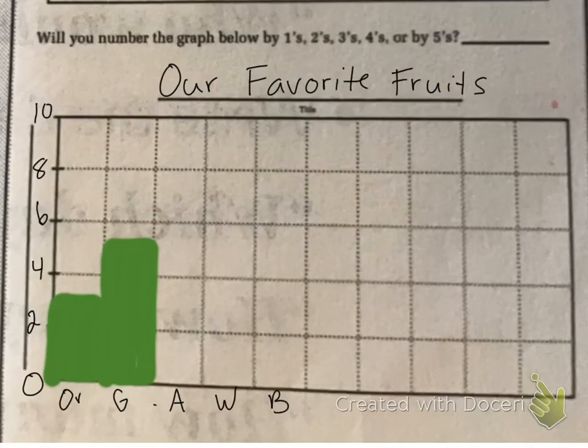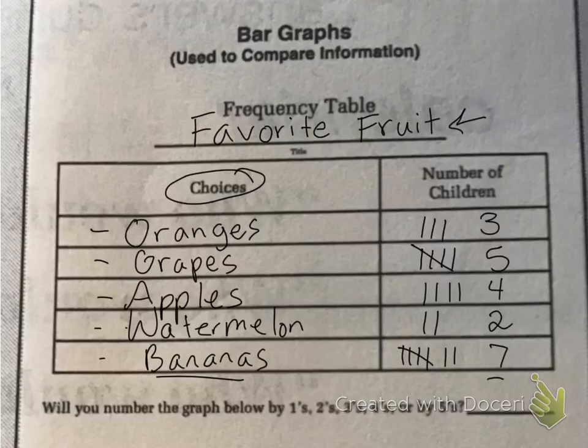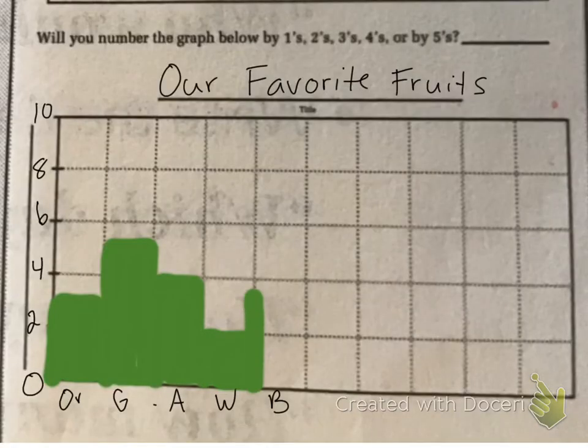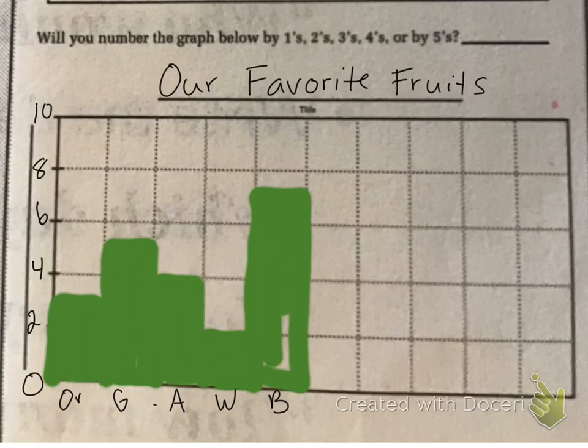Apples was 4, so I'd take that up to the 4 mark. Watermelon was just 2. And bananas was 7. So I'd take that up to 7, which is halfway between 6 and 8.